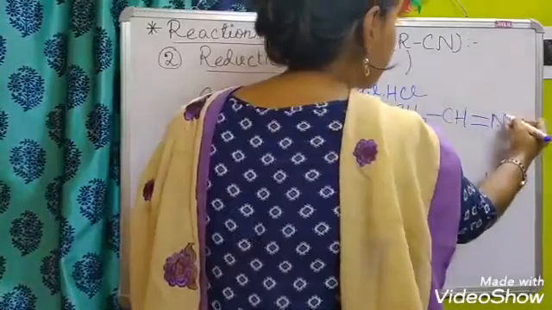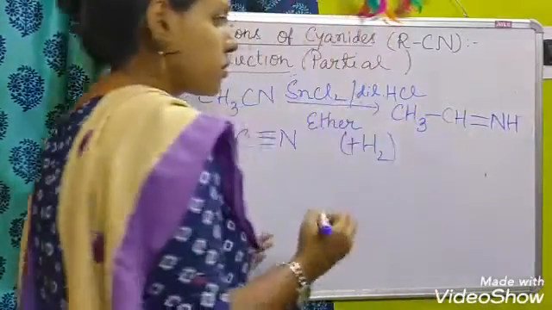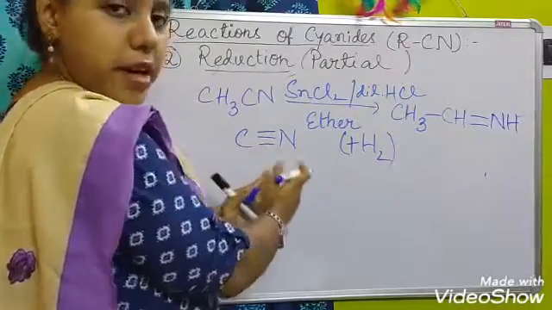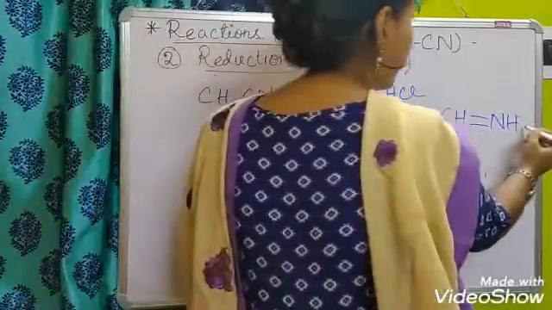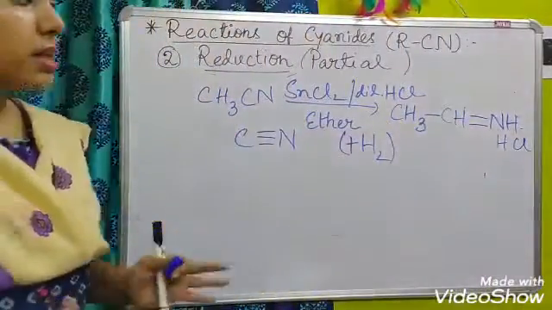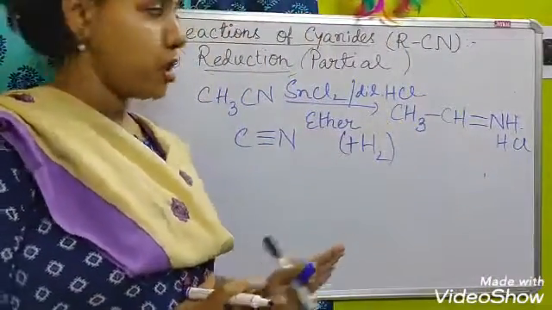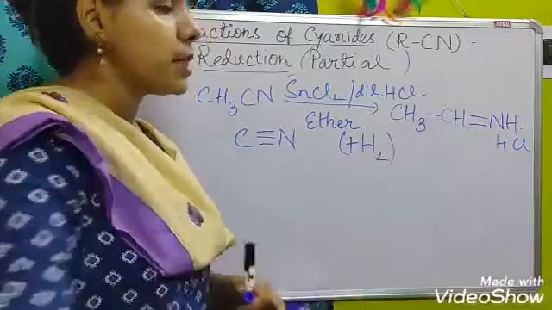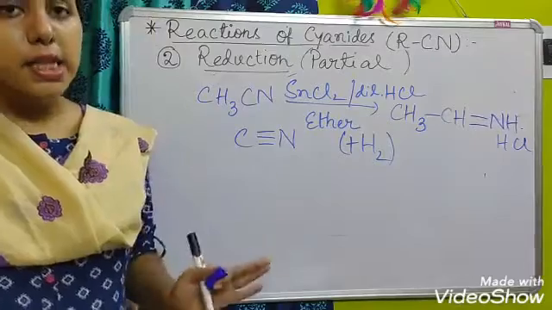Okay, then NH, clear? Hydrogens are added to both the carbon and the nitrogen, and there will be one HCl in this like addition compound. So this is the first product from here, CH3CH double bond NH dot HCl.